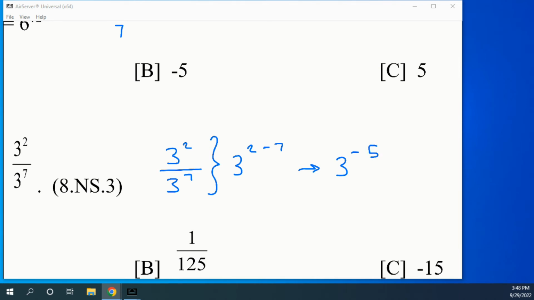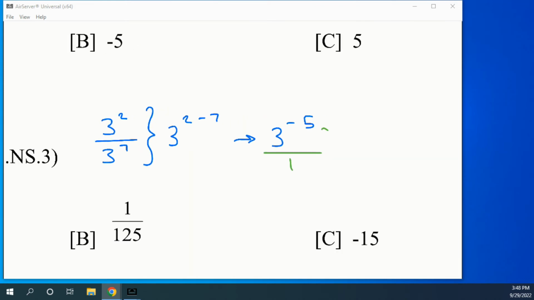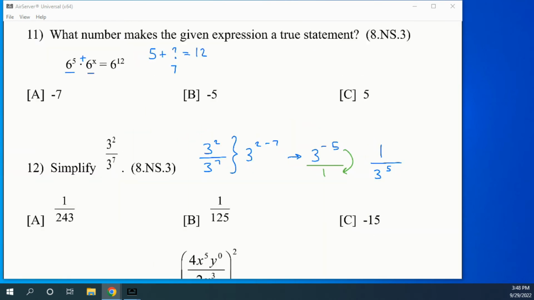Anytime you have a negative exponent, think fraction. So we need to take this 3 to the negative 5th power and flip it to where it's in the denominator, which would then be 1 over 3 to the 5th power.